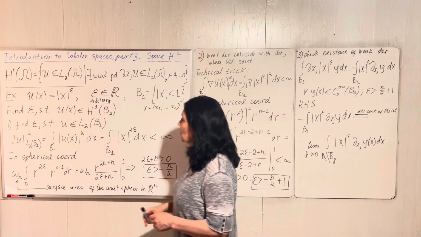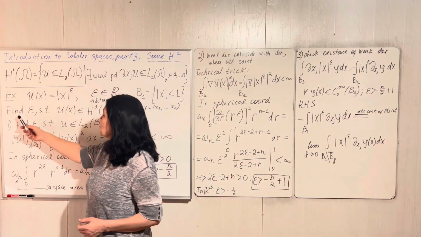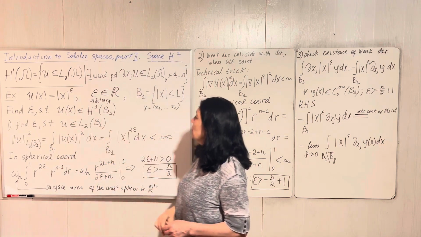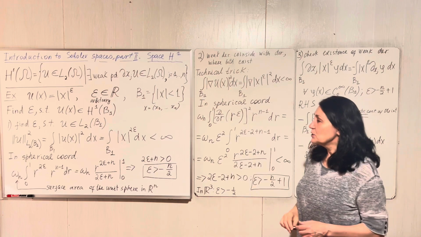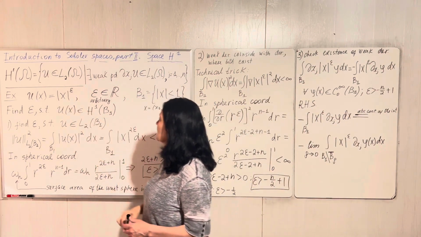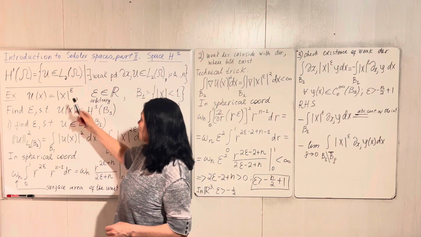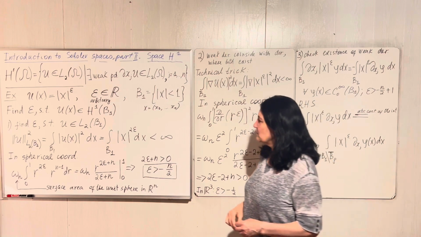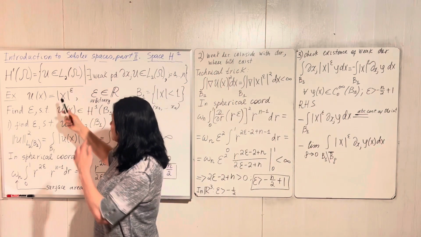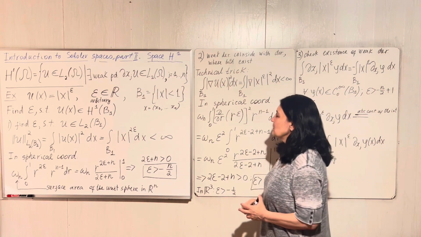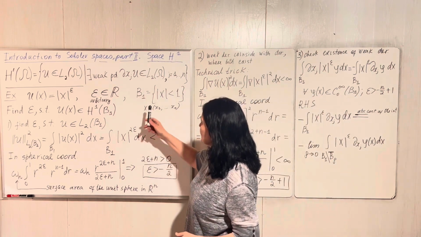Our goal is to find epsilon such that our function u belongs to the space H1, and we will see that even for some negative values of epsilon, the function will be in H1, right? So for negative epsilon, it doesn't have to be continuous. And so let's do this.